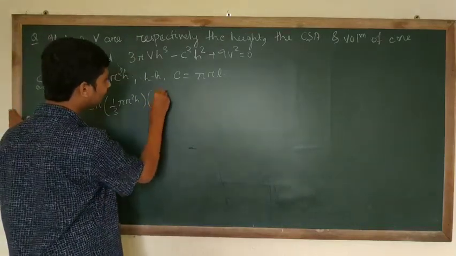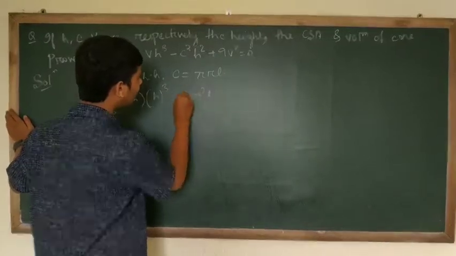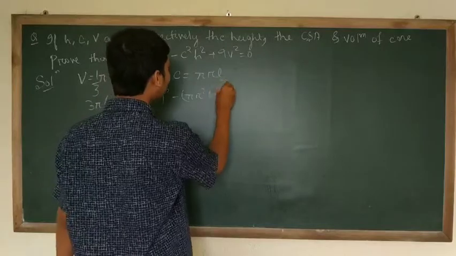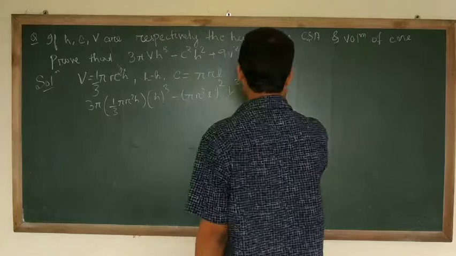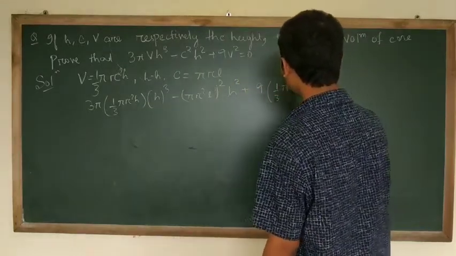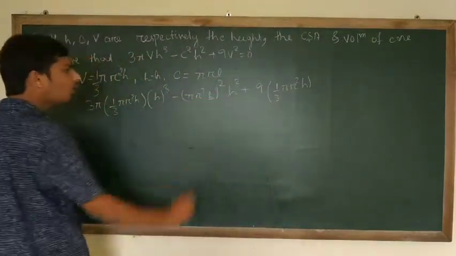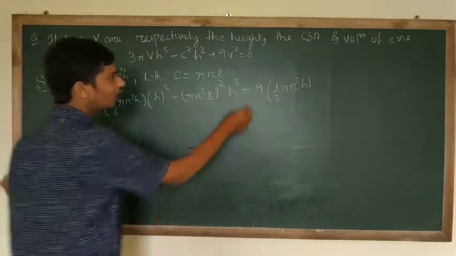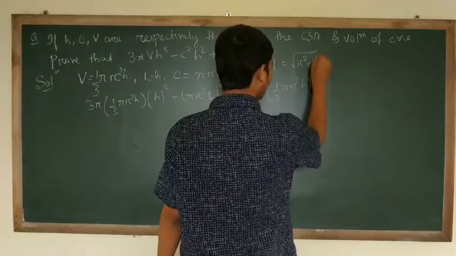Okay, h cube minus pi r square l whole square and h square plus 9 into 1 by 3 pi r square l. Okay, and we can also change l to what? We know that l is equal to root over of r square plus h square.